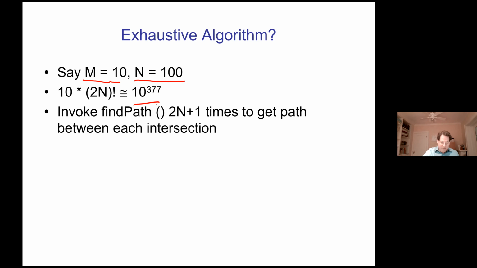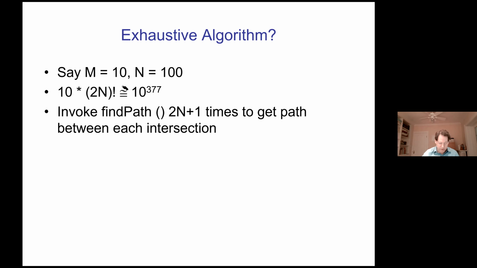Now, let's say the way I'm going to evaluate every one of these solutions is with the algorithm I had before. I'm going to invoke my find path function to connect all of these intersections and figure out how long it takes to go between them.